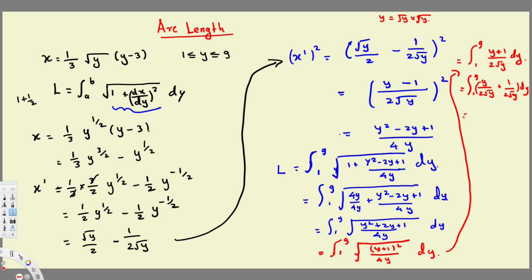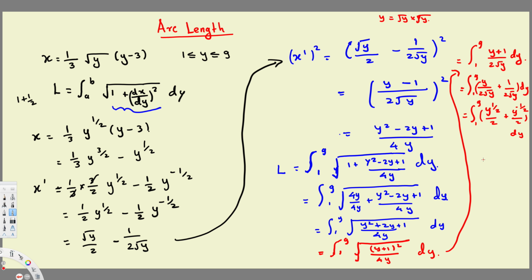So let's do this part, 1 to 9. So instead of root y over 2, I can write y power half over 2, plus here what we get, 1 over 2 root y. 1 over 2 root y, I can write it as y power minus half over 2, all together dy, right?